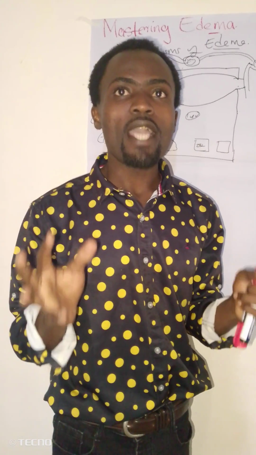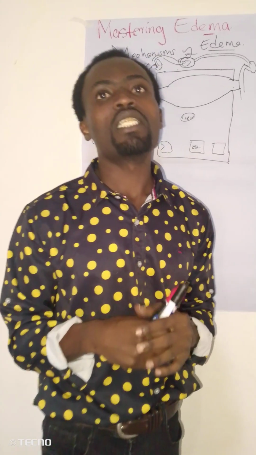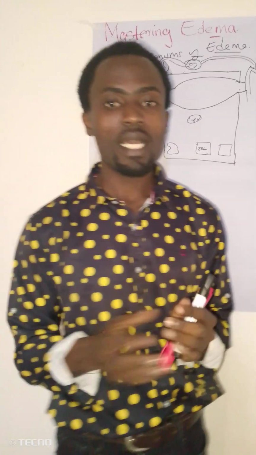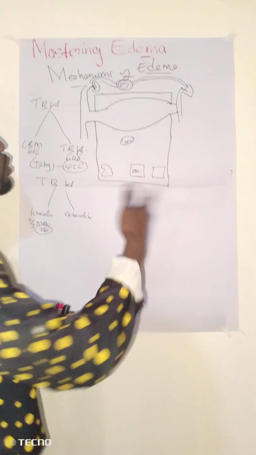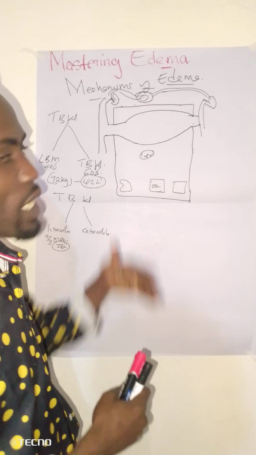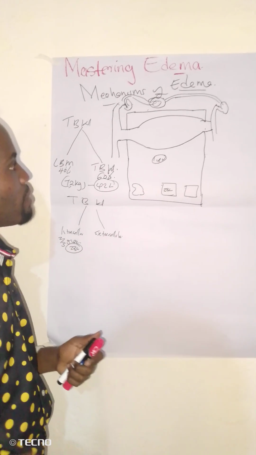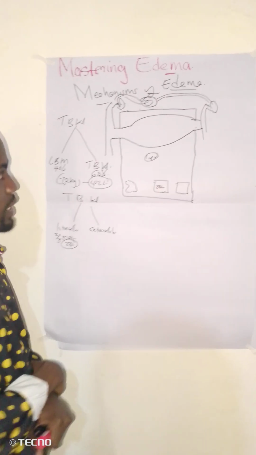Excess fluid in the microcirculation, in the vascular system, is not considered edema. I explained it yesterday. Maybe when you check my first lecture, you will see how I explained hyperemia and congestion, and how it occurs.